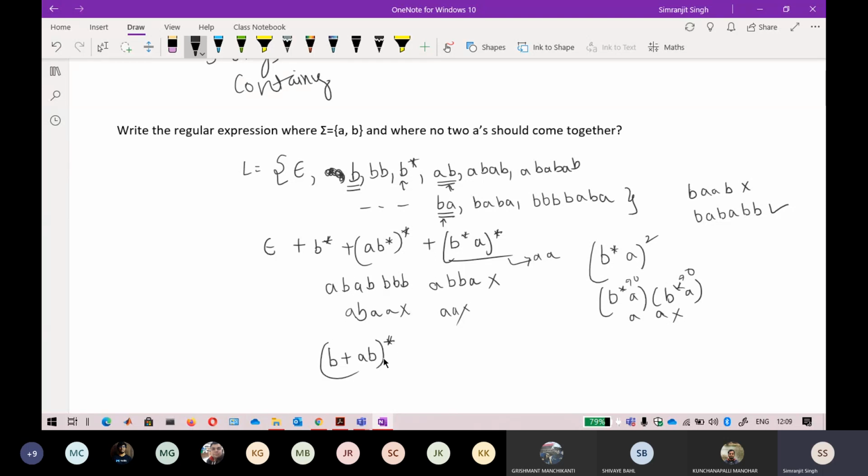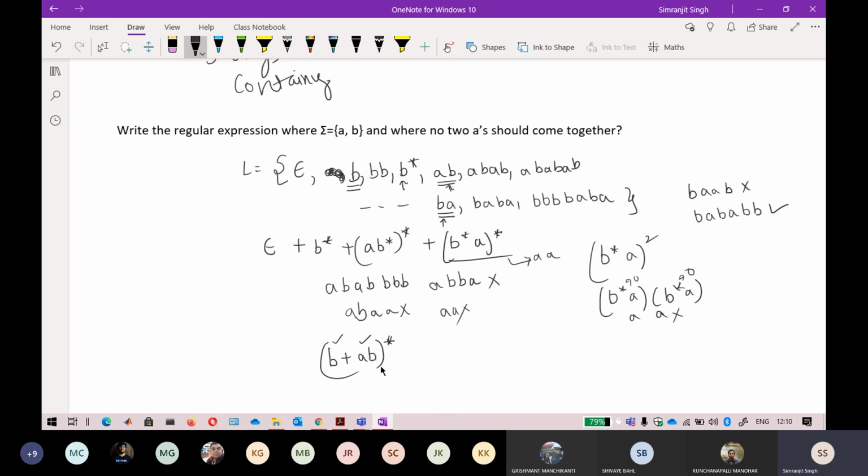Okay, so if I do this, I don't think that it is generating all the strings here. It is just the beginning here, but the strings that are starting from B, and starting from A, are already in this one, when there are no two A's coming together.